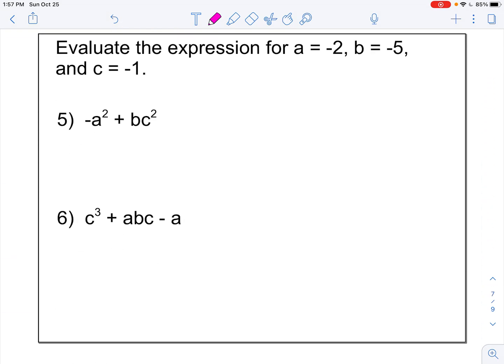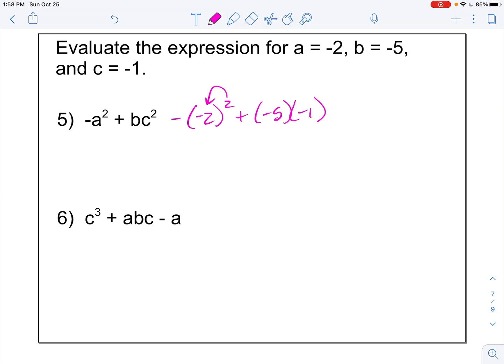Two more. So I have the opposite of A squared plus B times C. So the opposite of A, and A is negative 2, and I'm going to square it, plus B, which is negative 5, times C, which is negative 1. So don't fall for this trap here at the beginning. I cannot cancel these 2 negatives out because I'm not at the multiplication level. Remember, you have to be at the multiplication level in order to do that. So I've got to do my exponent first.